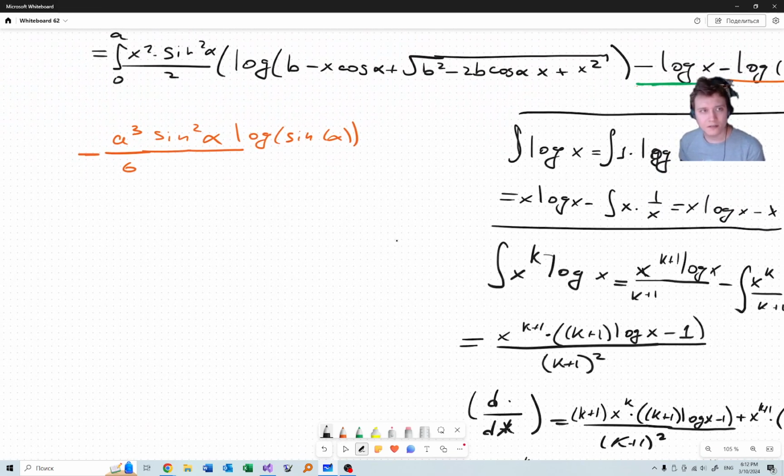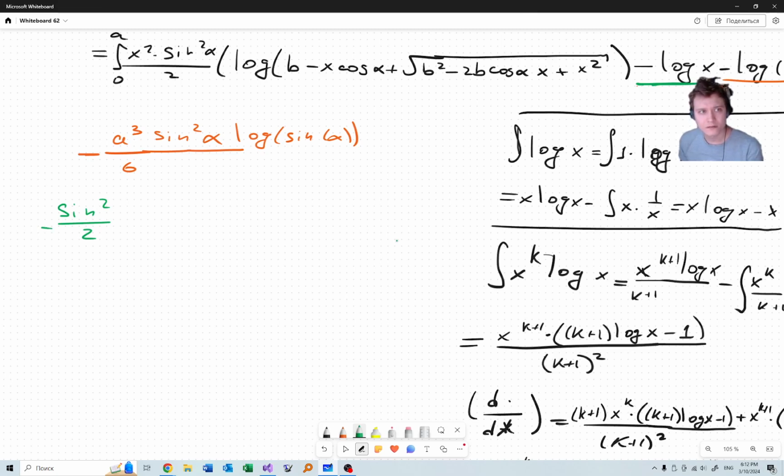So the green thing is sine squared over 2 minus sine squared over 2.